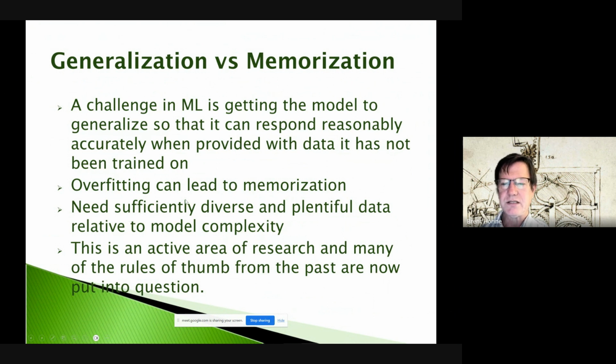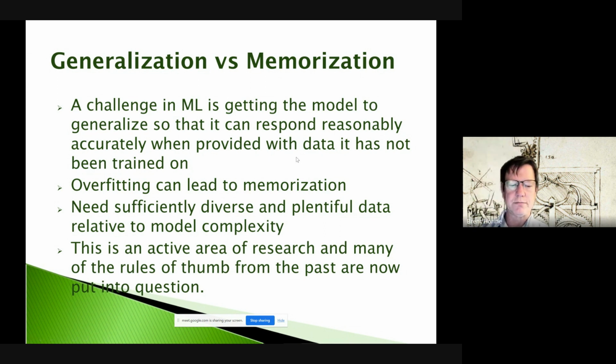So we need sufficiently diverse and plentiful data relative to the model complexity, right? We need to pair these up a little bit. There are a lot of rules of thumb, but maybe some of those from the past are put into question. It's an active area of research, so just be warned.